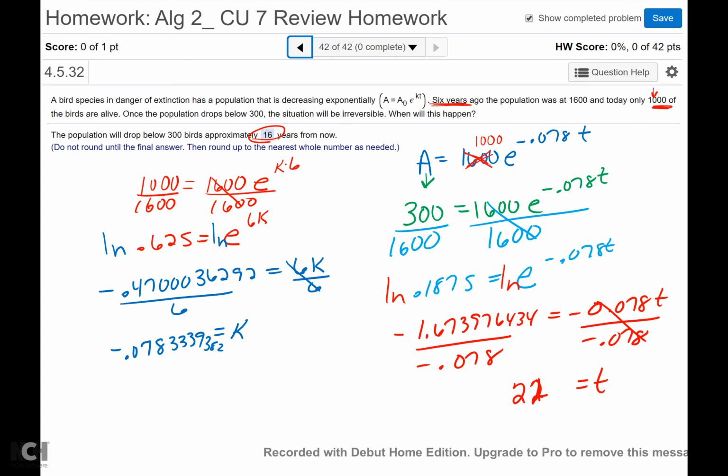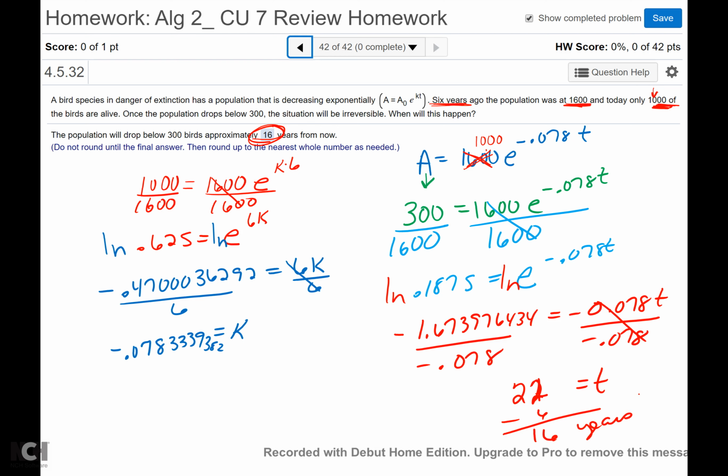So this should have been 1,000 instead of 1,600. Or you can think about it, it'll take 22 years from when it was 1,600. So from this point, which was 6 years later, it's only going to take 16 more years. So if I take away that 6 years from the beginning, there's my 16 years.